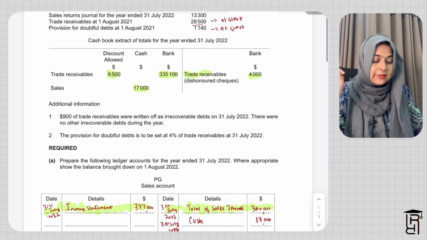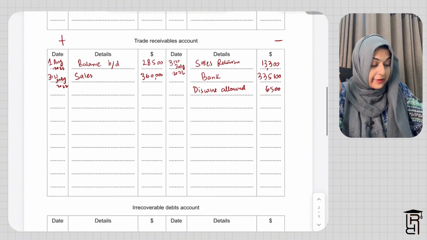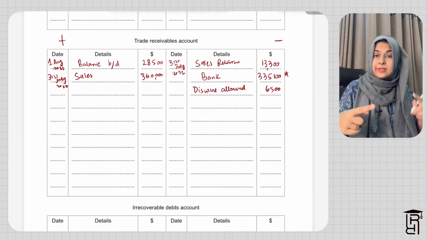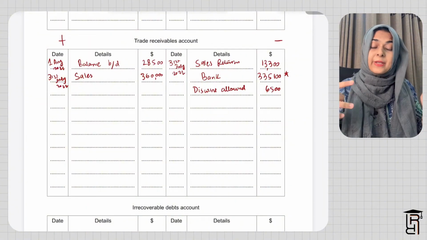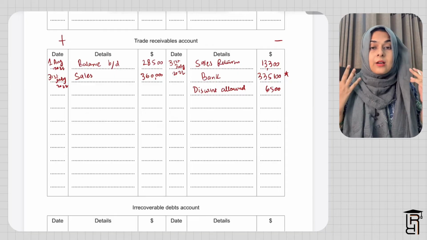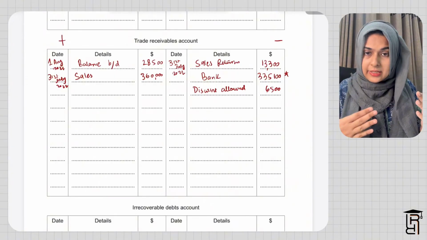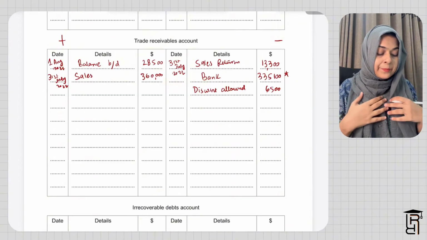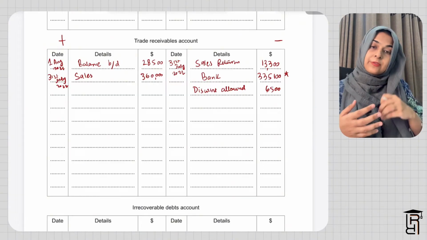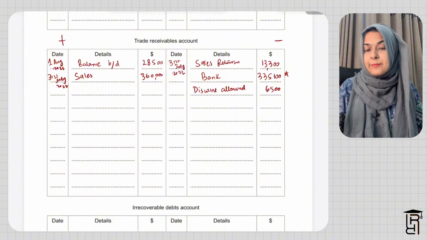And then I need to record the trade receivables' dishonored checks. Basically, from the amount that we have received from our trade receivables, there are a few trade receivables whose checks have been returned by the bank because they did not have sufficient funds in their bank account. So the amount has not been transferred to our account because their checks have been dishonored.